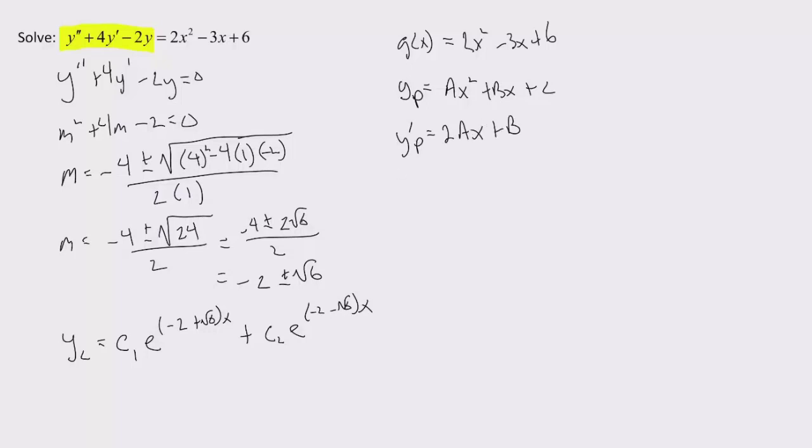And then I need a double prime, so that would be 2a. Then I want to take those three expressions and evaluate them in the y double prime plus 4y prime minus 2y. So this part right here.